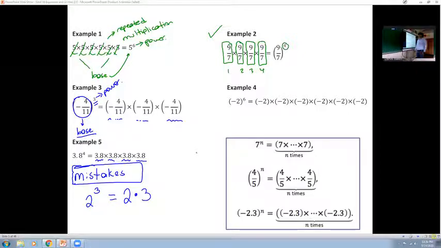It's not correct, it is absolutely false. Why? Because 2 cubed means 2 times 2 times 2. 2 times 2 is 4, 4 times 2 is 8. What about 2 times 3? 6. You see that? They are not equal to each other.